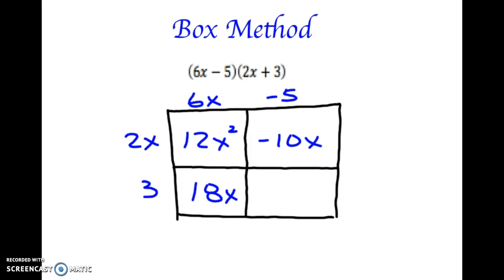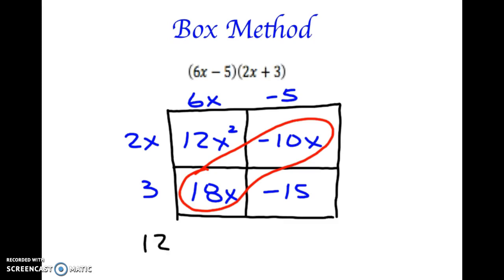And the bottom right box is the negative 5 times the 3, which will be negative 15. Normally on the diagonal, you will get your like terms. So when we add things together, we're going to get 12x squared plus 8x when we combine the like terms, and the minus 15. So all three methods are going to give you the same answer.